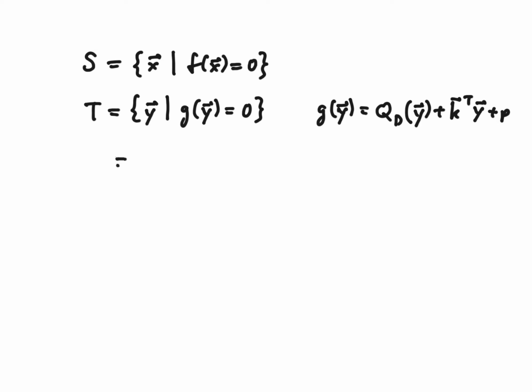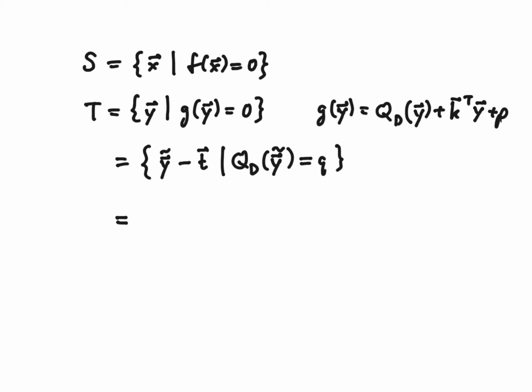Okay, and what we can then do is write this as y tilde minus t, and then just put here the equation involving y tilde. That's equivalent to the equation g of y equals 0. Right, and that equation is q sub d of y tilde equals q, where q is just some constant.